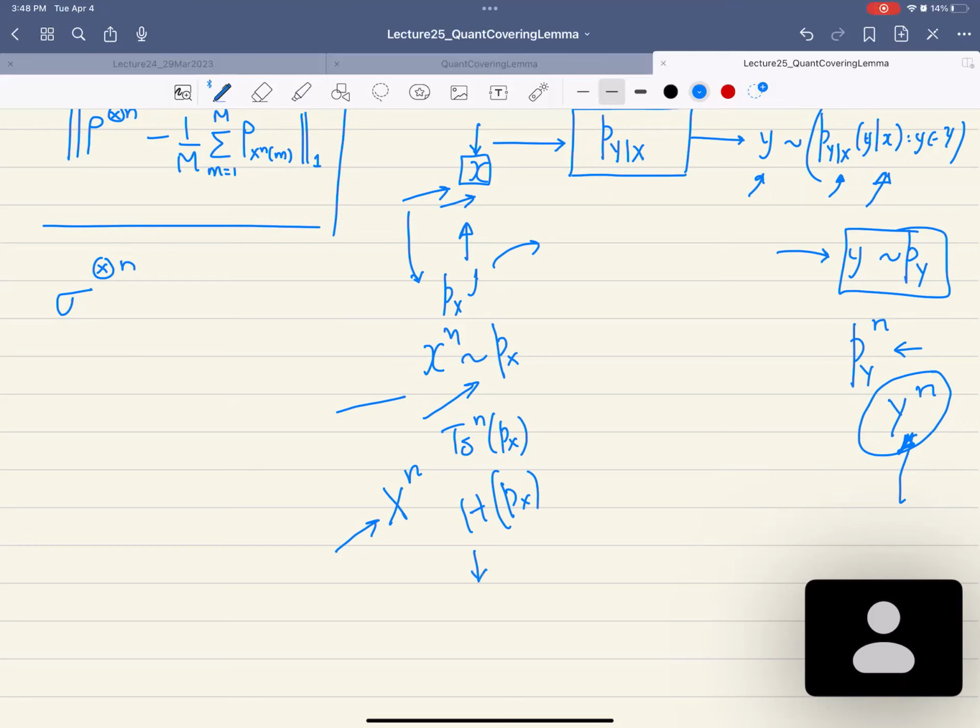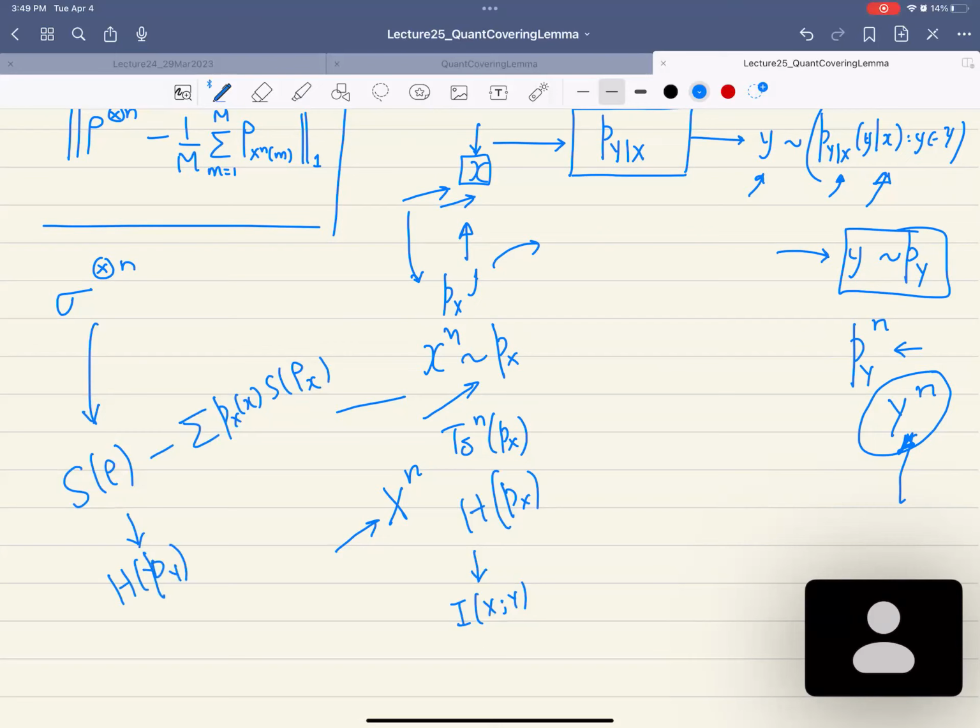I can only get I of x colon y. If you look at the quantum version, you're going to get S of rho minus px of x S of rho x. So what is this? This is equivalent to H of y, that is H of the distribution py, minus px of x H of py given x. This is what it is.